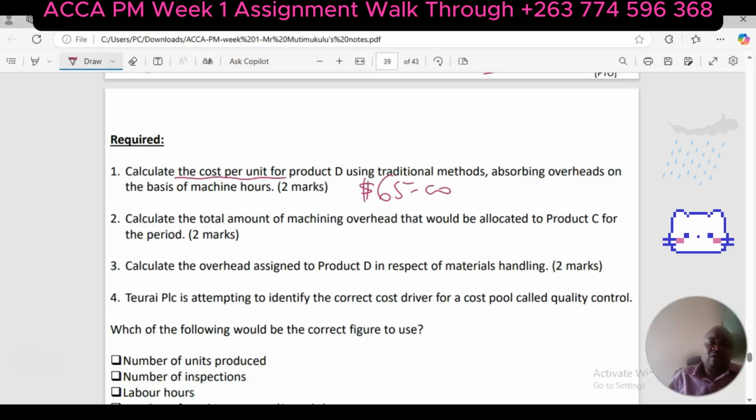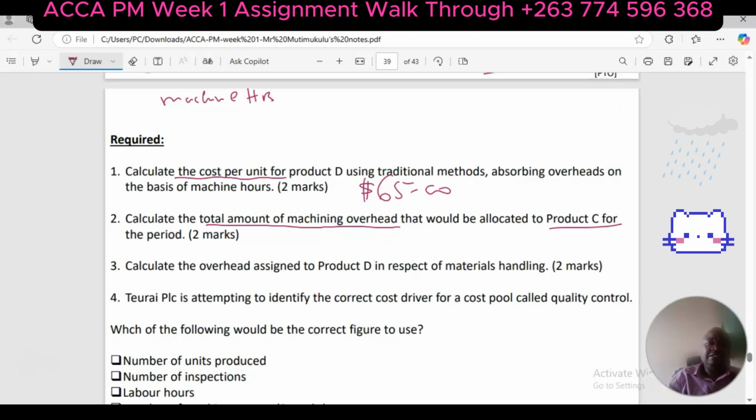We are required to come up with the total amount of machining overhead that would be allocated specifically to product C. Machining overhead is like a cost pool, right? We have determined that the cost driver for machining overhead is machine hours. Machining hours is the driver.